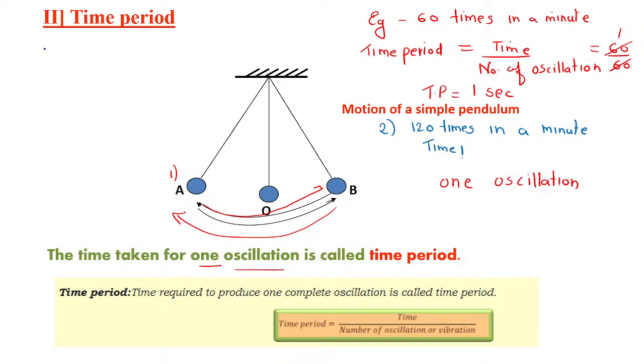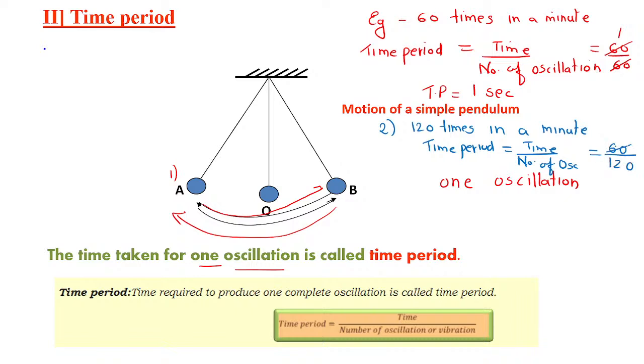Time period is equal to total time upon the number of oscillations. So what is the total time? Total time is again 60, and the number of oscillations is 120.